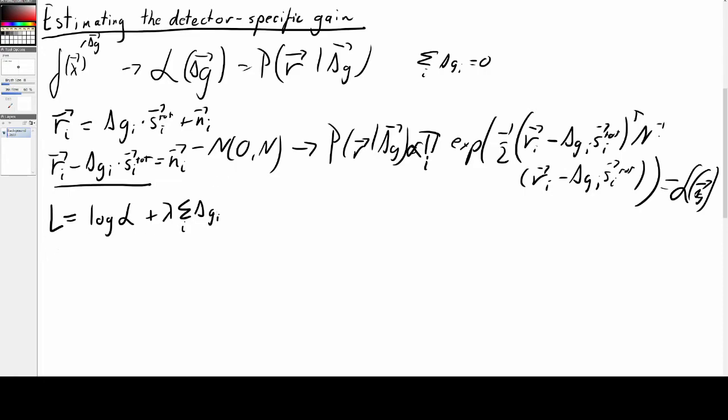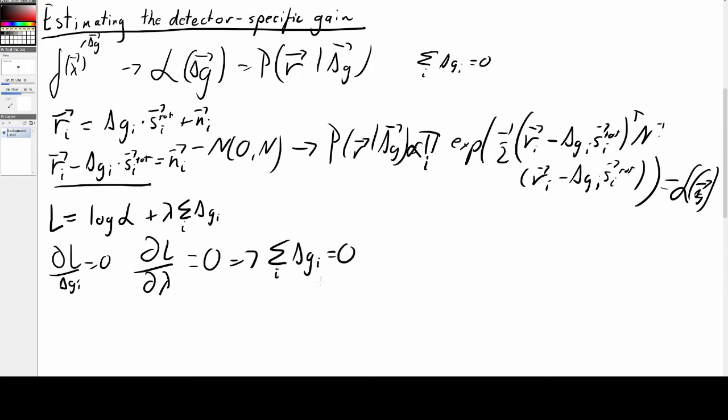So our task was to take the partial derivative of this with respect to delta G i and set it to 0 for all i's, and with respect to lambda. Now this one is pretty easy because the likelihood function doesn't depend on lambda at all. So this, of course, just gives us the constraint back. This is one of our equations.